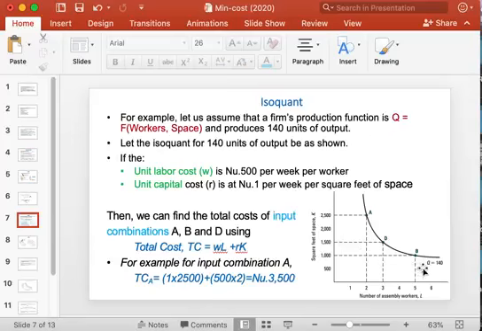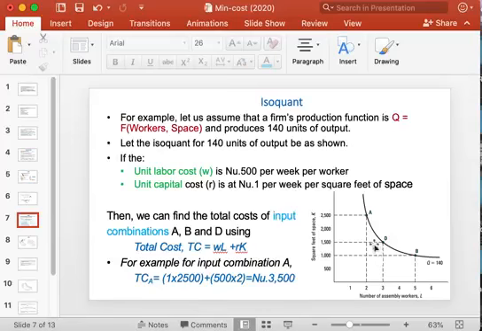So here you can see there are three input combinations. Input combination 1 denoted by A, input combination 2 denoted by B, and a third input combination of labor and capital, which is square feet of space.